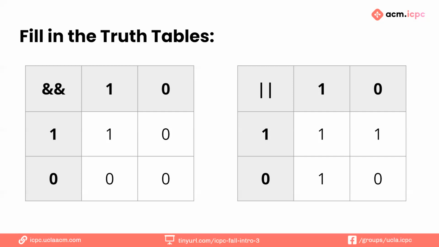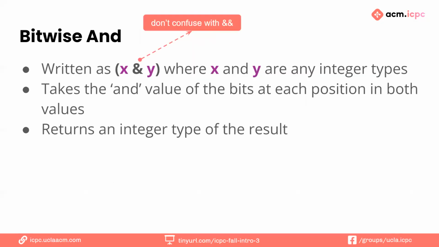For now, we're only working with numbers that can take two values, either true or false, or 1 and 0. We can extend this logic to all integer numbers. For that, let's first look at AND. There exists an operator called bitwise AND, written as a single ampersand. In this case, X and Y can be any integer types.